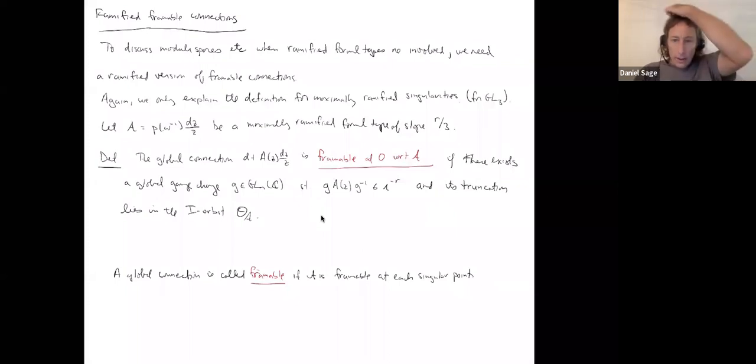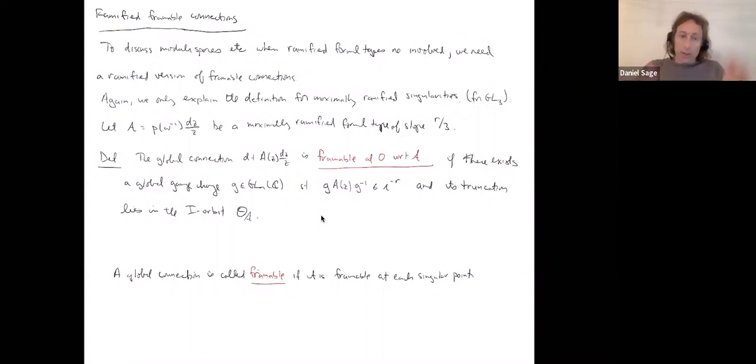This is maybe a little technical and I'm really running out of time, so maybe I will skip it, but there's a notion of frameable global connections, and all the questions that we're going to pose involve global connections with given ramified formal types, which are frameable.